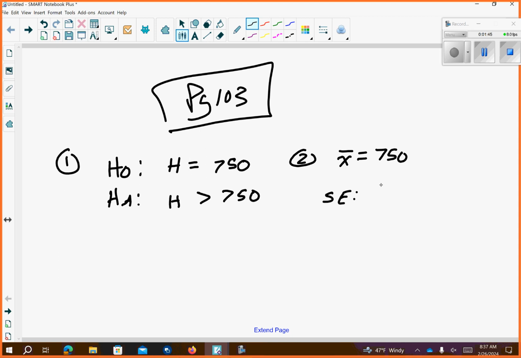You know what I think they forgot to put in here? The actual standard deviation was 100. Okay, that was missing from there.